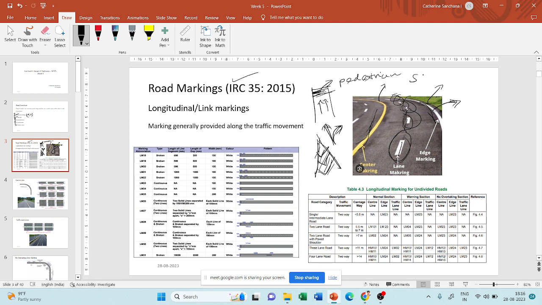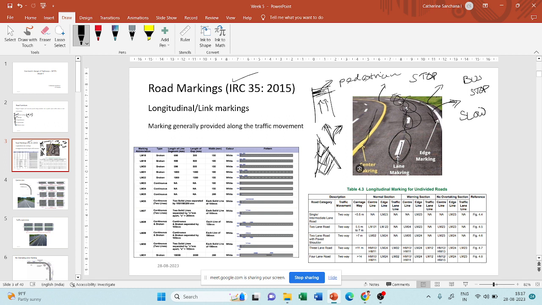The most common wording we would have come across is stop, and anything that is written on the road is a road marking. We are just classifying the road markings now. So anything written on the road is called word messages, and it is also a kind of road marking, right? And you will come across bus stop or go slow. So all these are word messages which come under road markings.